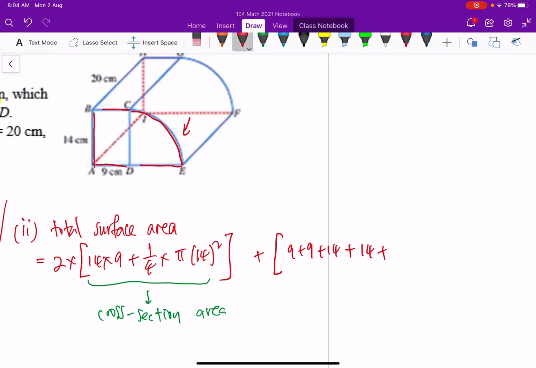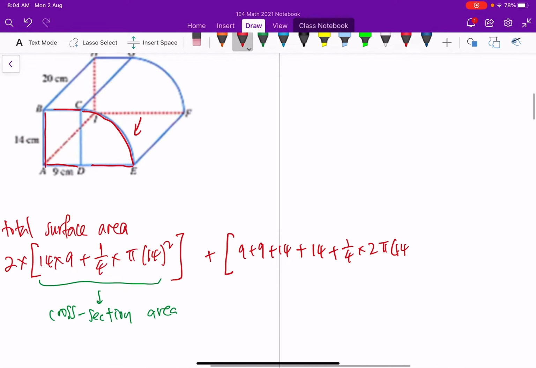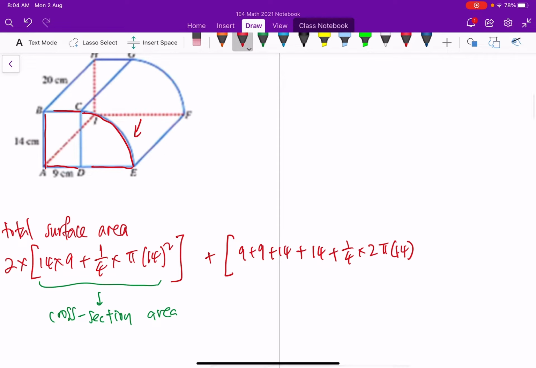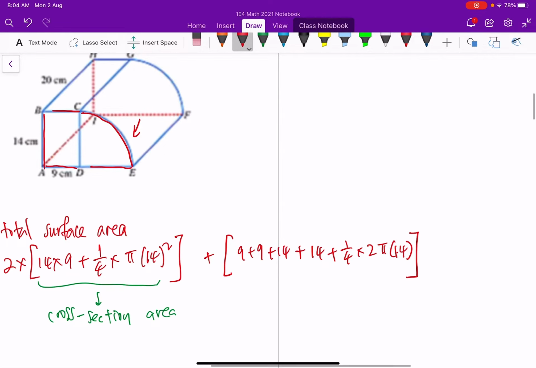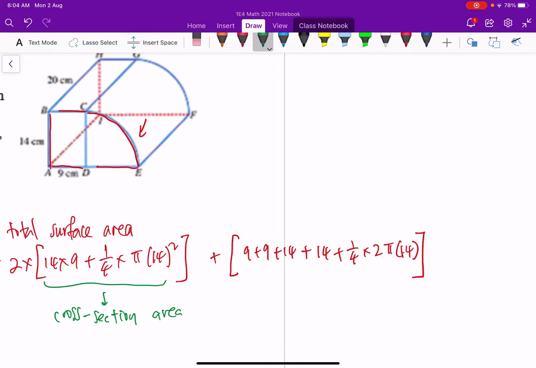How do I calculate this part? They say it's a quadrant, so it's 1 over 4 times the circumference of a circle, which is 2 pi r. The radius is 14. This is the perimeter of the cross section, a formula we also learned before.